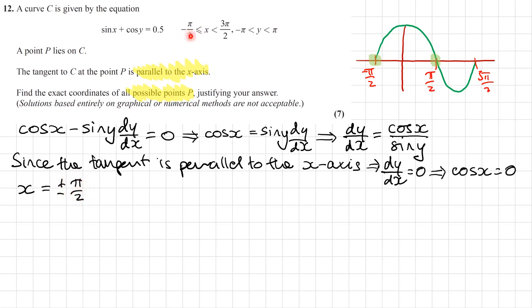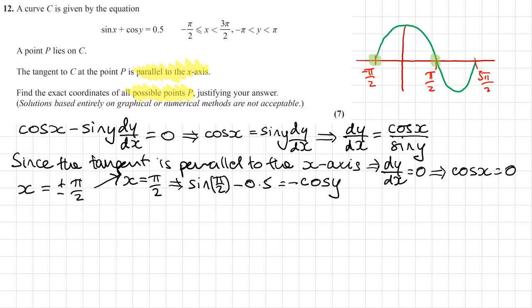I now need to work out the y coordinates, so I go back to the original equation over here. So let's start with x equal to the positive pi over 2. If I substitute that in, I'll get sin pi over 2. Now I'll rearrange it, so I'll move the 0.5 over, and that's going to be equal to negative cos y.